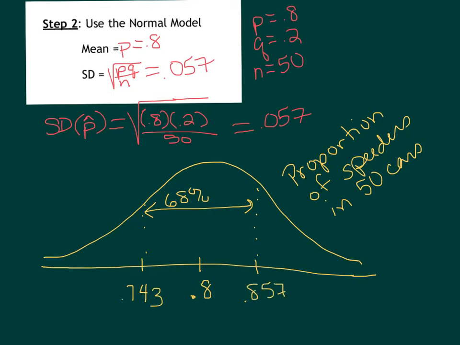I get these by both adding and subtracting the 0.057 from the 0.8. You're going to do the same thing, adding 0.057 to each thing, and that will give you the rest of your normal model.